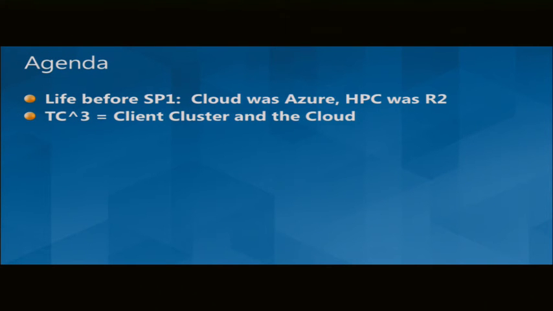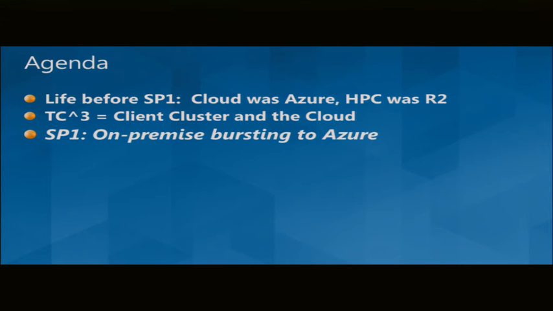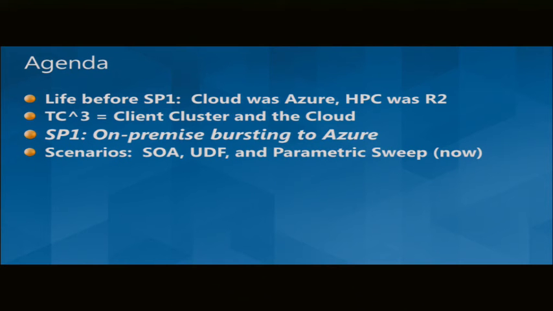The agenda is: life before SP1, so many of you already have your Azure hours, and how do you do compute with Azure itself? I'll show you an example of a real HPC application on my cluster as well, which is a CFD simulation. And finally, we look at how the on-premise bursting to Azure scenario works.